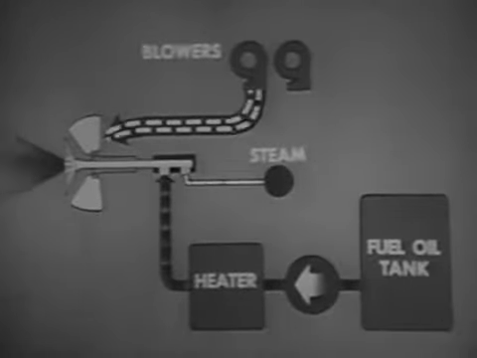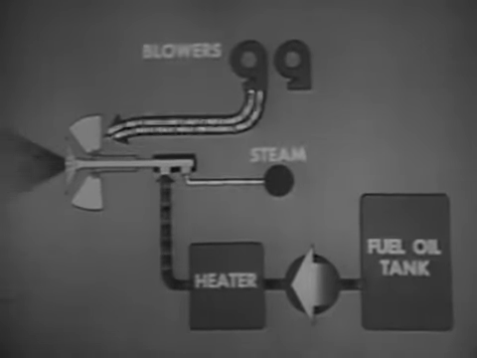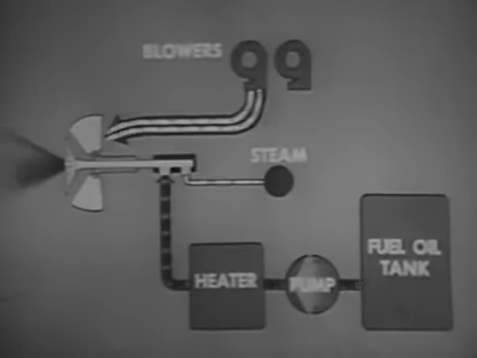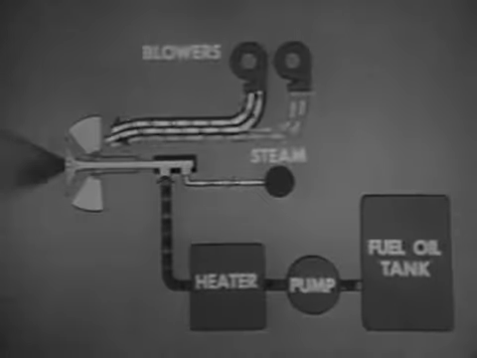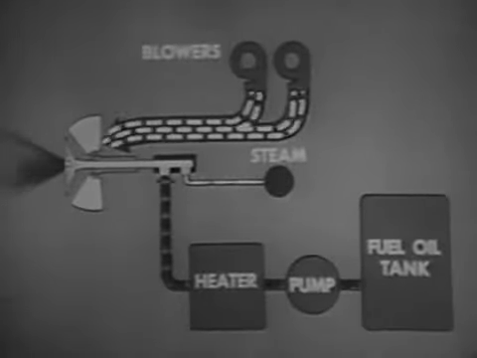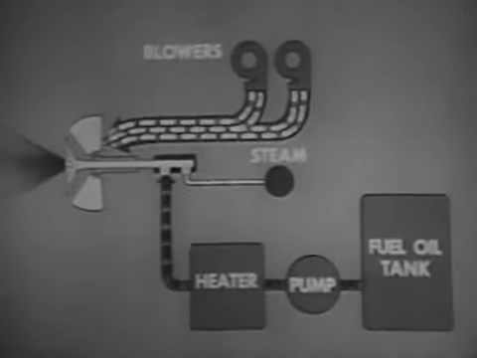The register gives the air from the blower a rotating motion and mixes the air with the oil. You regulate oil pressure to control the oil supply and vary steam pressure with oil pressure. You vary the speed and the number of blowers to control the air supply.